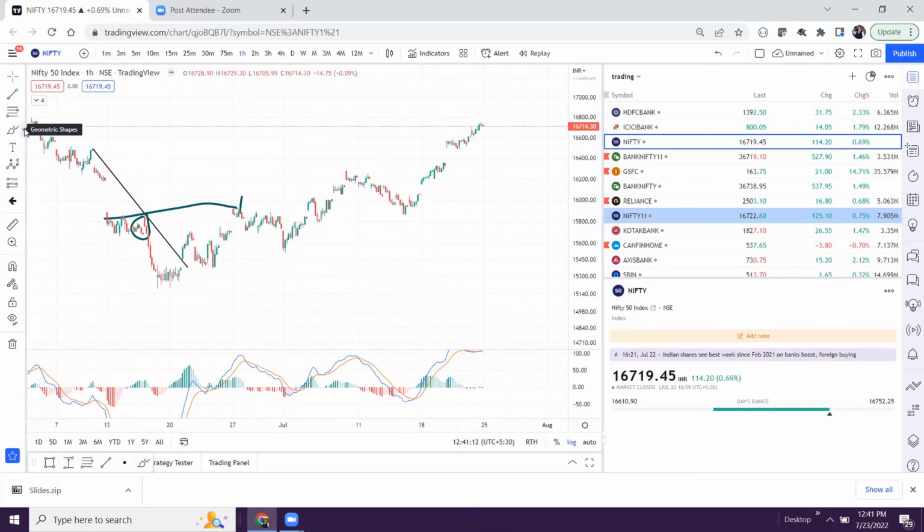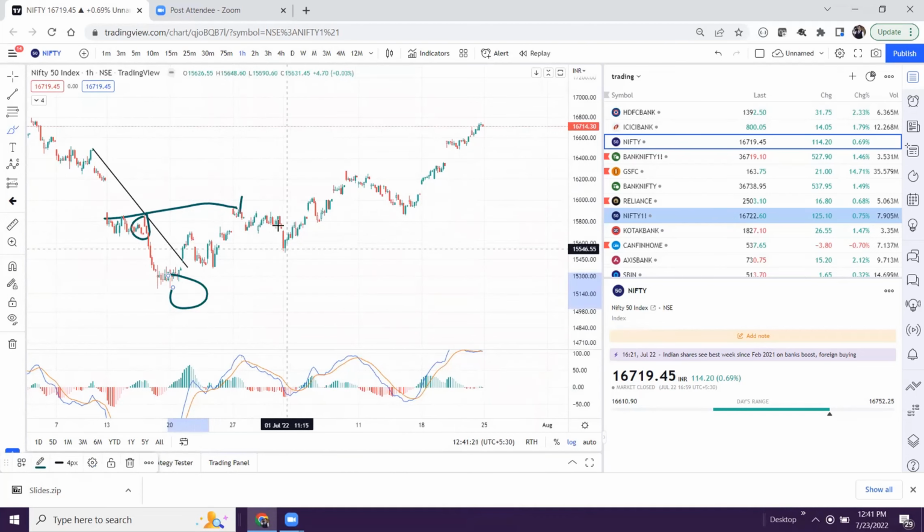After this point, suppose we had an entry here, and this was the initial stop loss. Then this high was crossed, and this became the trailing stop loss. This high was again crossed, this became the trailing stop loss, and this trailing stop loss has not been hit. So see how a simple strategy like higher high and higher low works. Any questions till now?